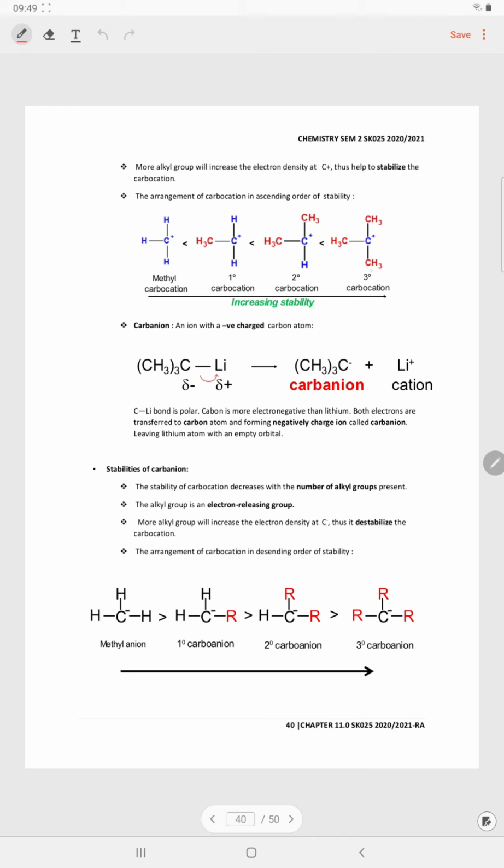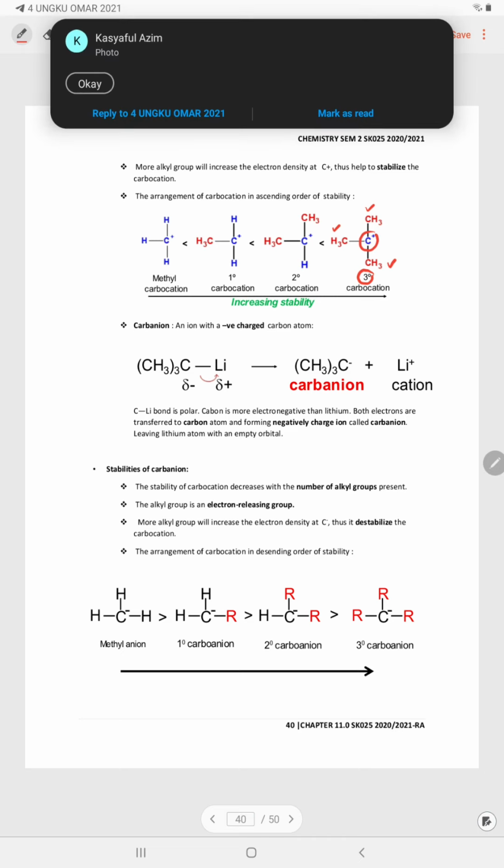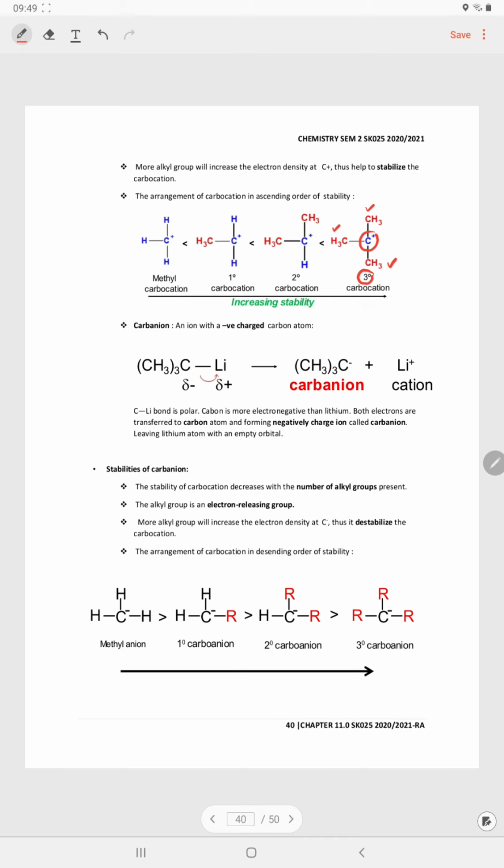So we compare here: a tertiary carbocation means the C plus is covalently bonded with 1, 2, 3 alkyl groups. When it has three alkyl groups, it increases the stability of the carbocation. So the tertiary carbocation is more stable than secondary, primary, and also methyl carbocations.